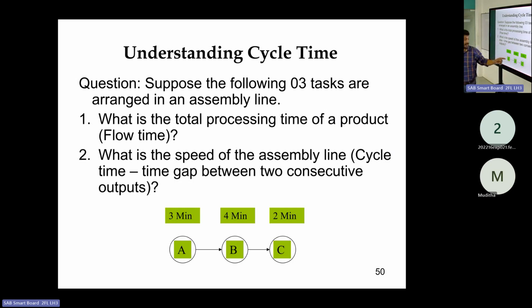That it has three tasks, A, B, and C, and only one flow repeatedly operate. Three tasks are arranged in an assembly line. What is given here? The time for each task. We call it task time. 3 minutes for task A, 4 minutes for task B, and 2 minutes for task C.